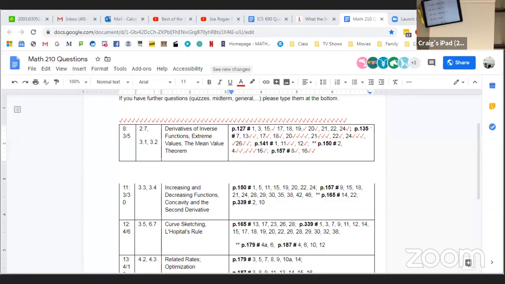Okay, so here's the Google Docs page on the different homework problems that I've assigned. As you can see, I'm asking you to put some red marks, as several people have done already.